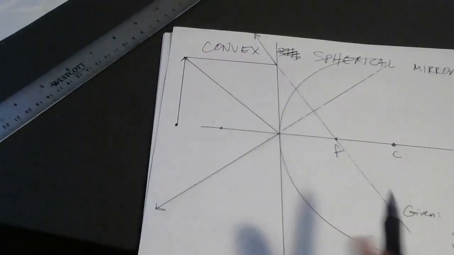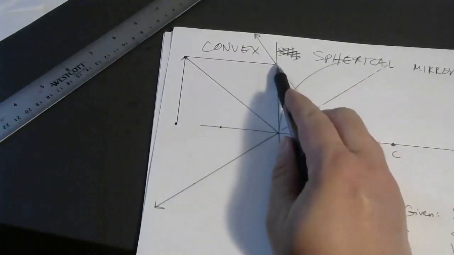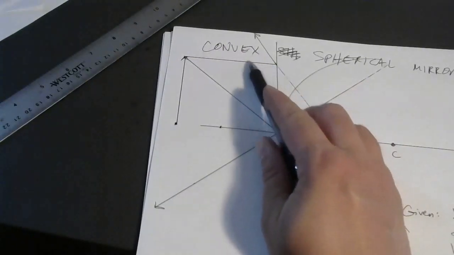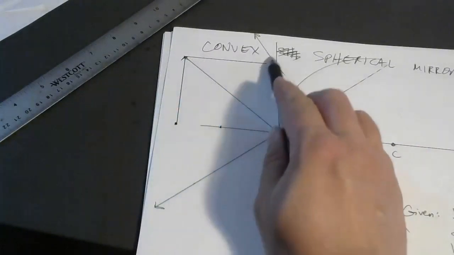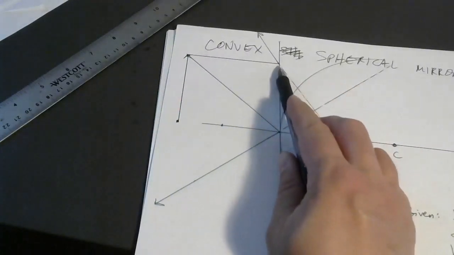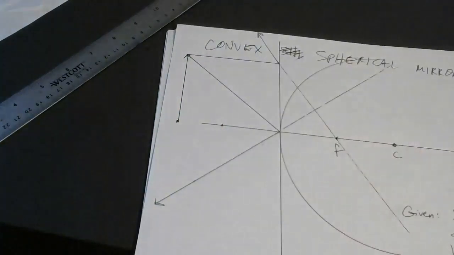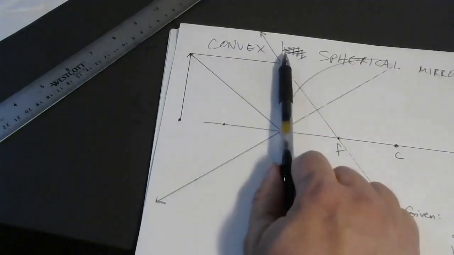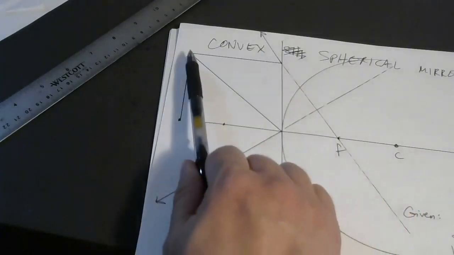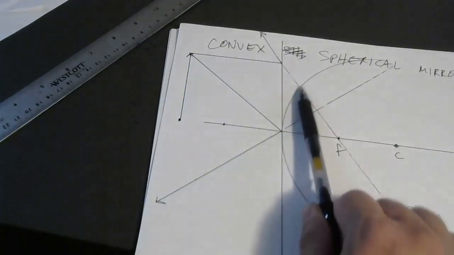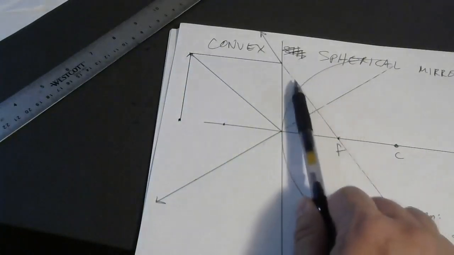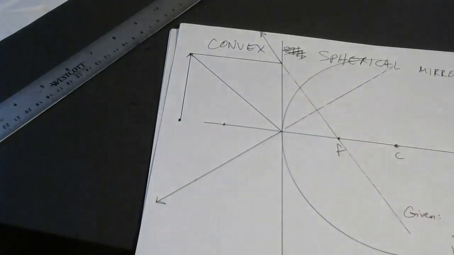And again, you may be thinking, wait a minute, you did not use the law of reflection here, because the angle of incidence on this vertical line would actually be 0, and yet it's bouncing off at some non-zero angle. That's true, but remember, we're only using the vertical line to represent the mirror. In actuality, this ray would bounce off the curved surface of this mirror in such a way that the law of reflection would be obeyed.